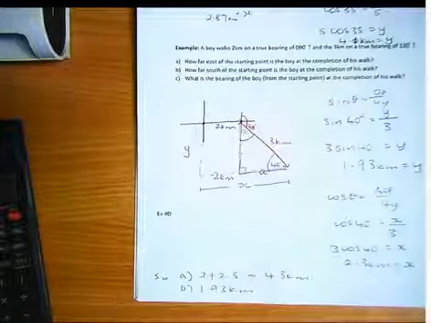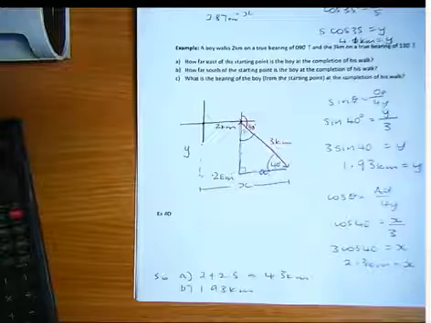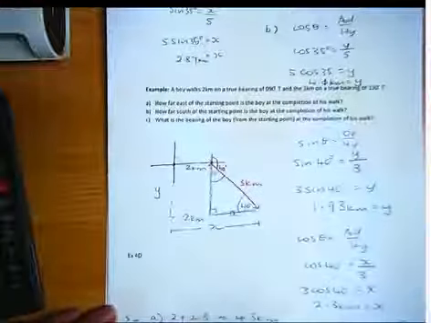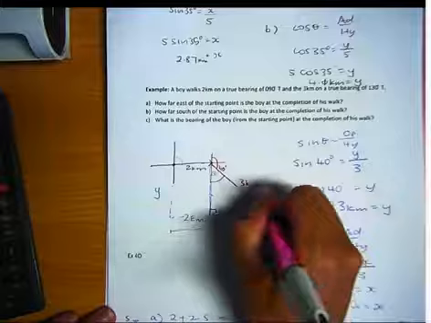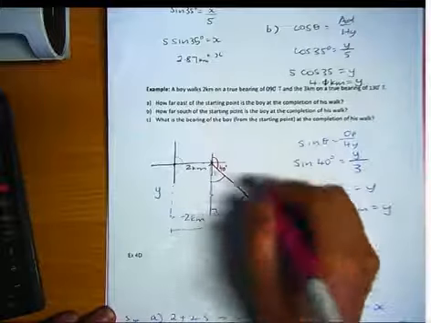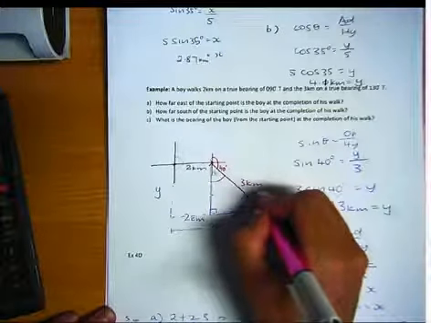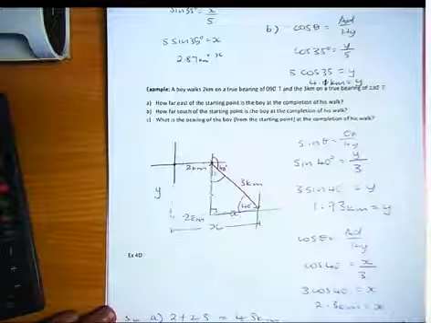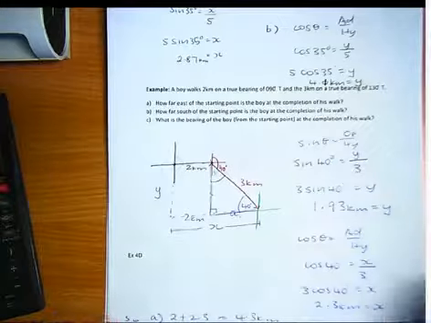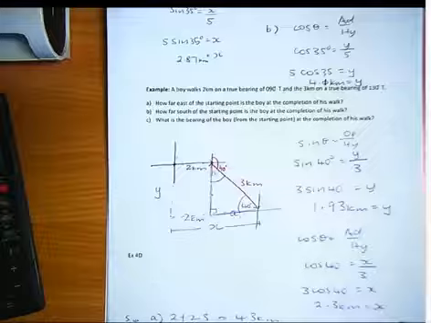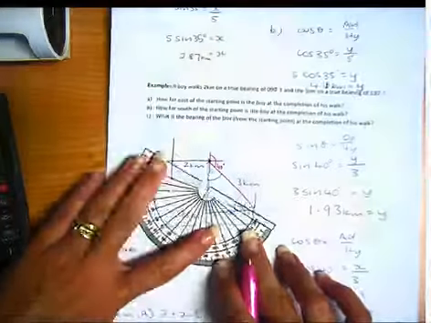Okay, now for part C, what is the bearing? That's a bit tricky. Now, from this position, he would take out his compass and he wants to go back to the starting point. So let me draw back to the starting point because it's a bit tricky.